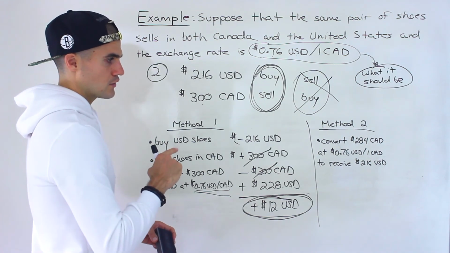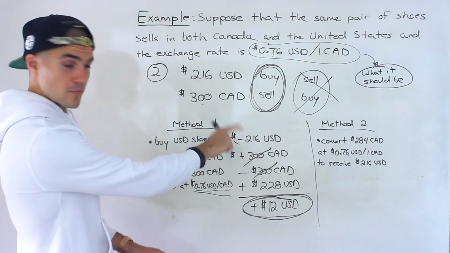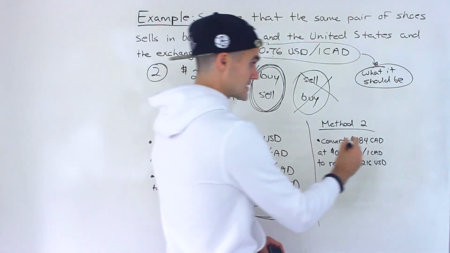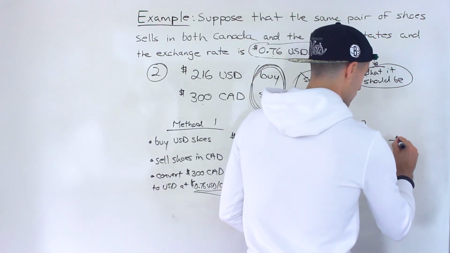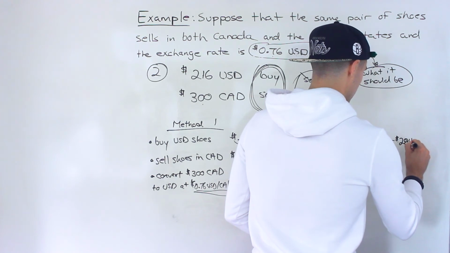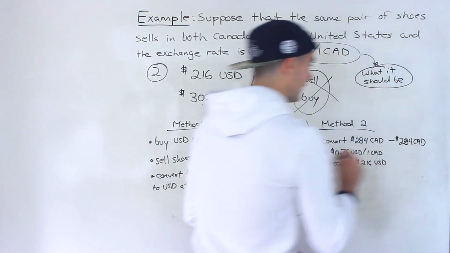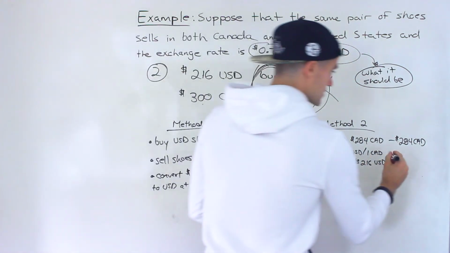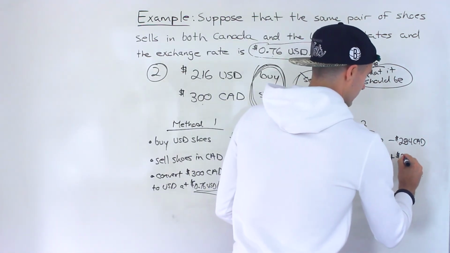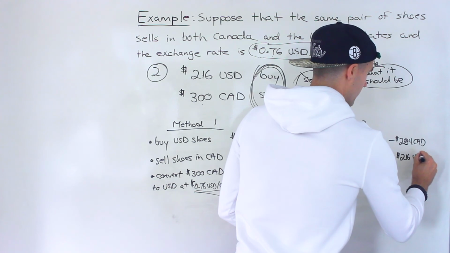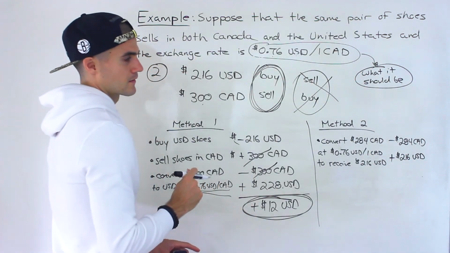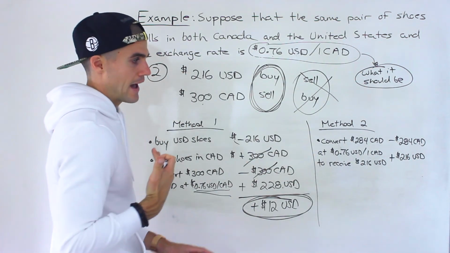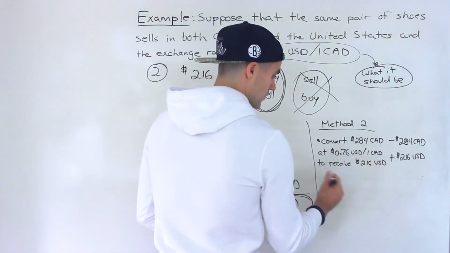So from this transaction, the cash flows are that we're spending 284 Canadian. That's what we give to the bank, a negative cash flow, to receive 216 USD. Spending 284, getting back 216. So that's a positive cash flow.